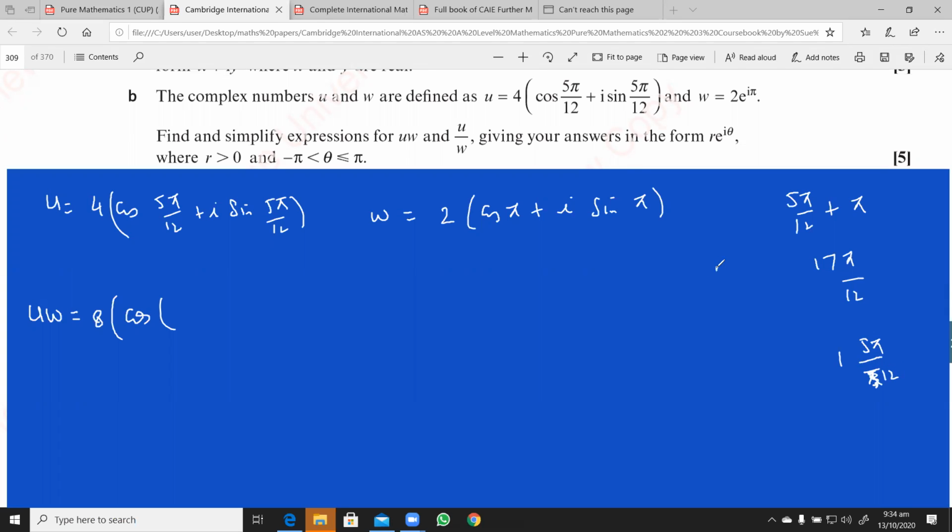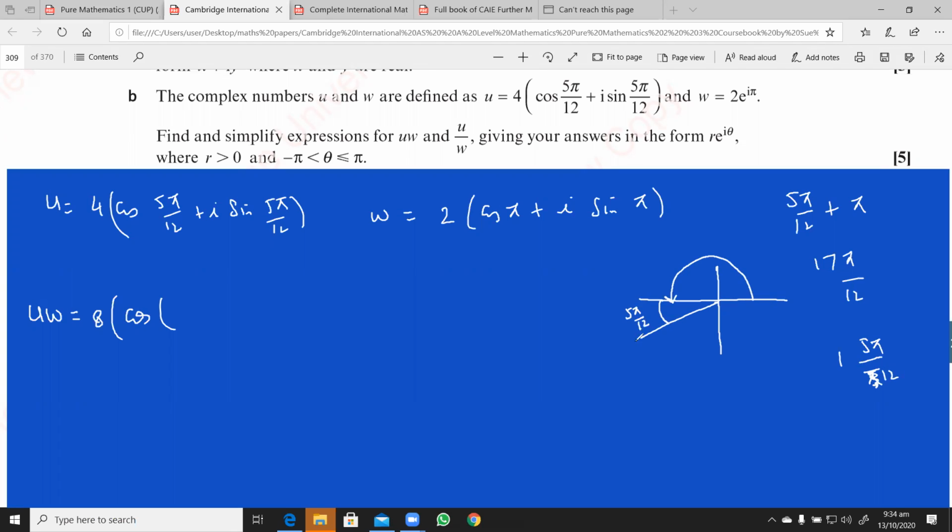That means if I look at this, how to determine this? If I go from here, this much is pi, and then further I have this 5 pi by 12.